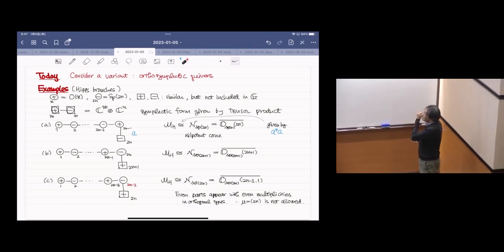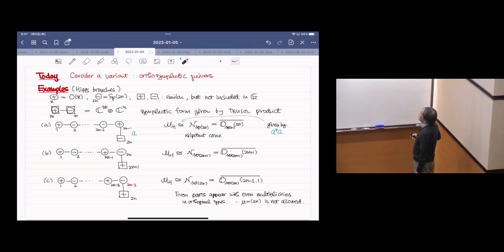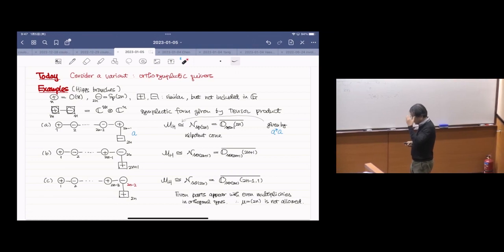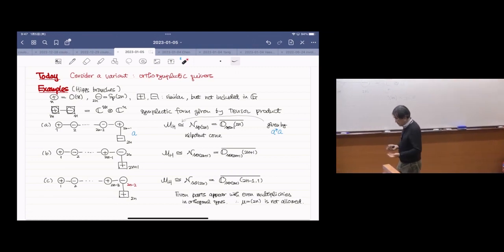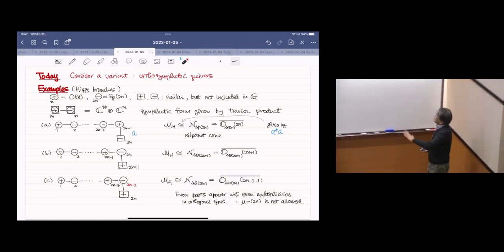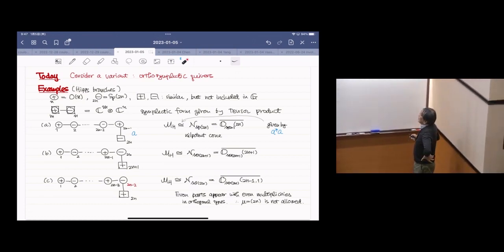And this is compatible with the fact that regular nilpotent orbits, as you remember, correspond to partitions in type A, and you have a similar result for classical groups, but there are some restrictions on the partitions.